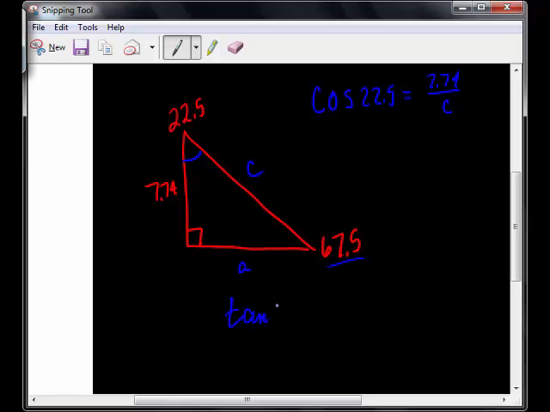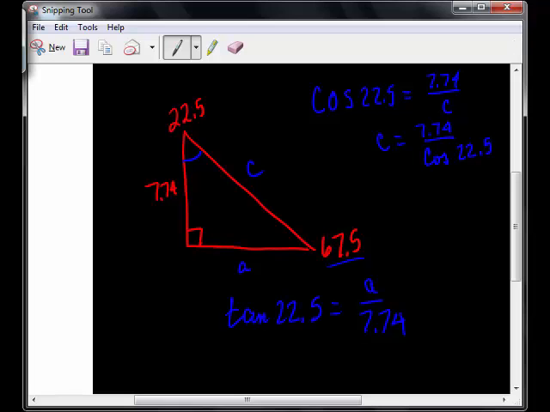Tangent 22.5 is opposite over adjacent. Okay, so in the first case we would say C is 7.74 over the cosine. Remember, we can switch around the 18, the 2, and the 9.